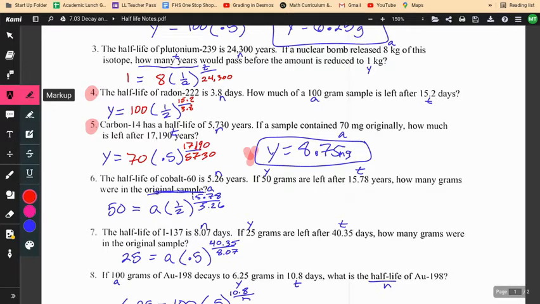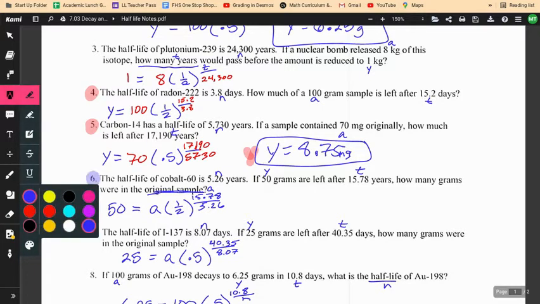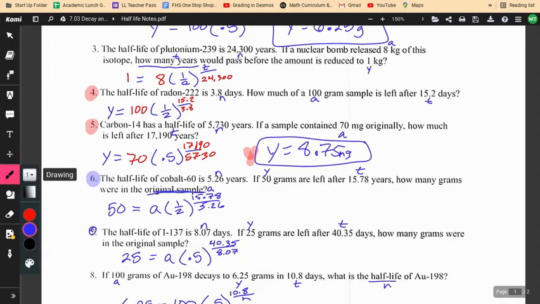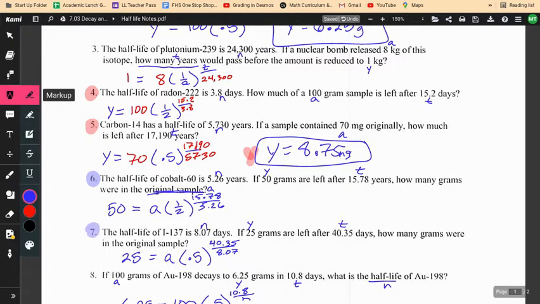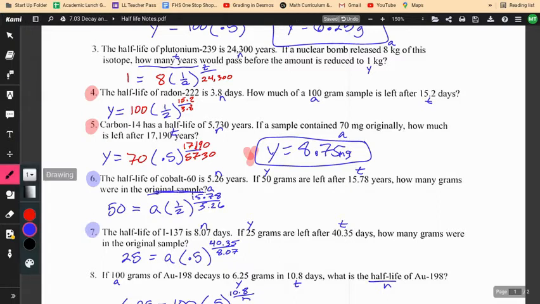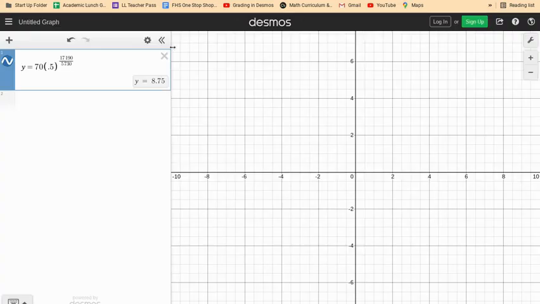The next two that are similar are numbers 6 and 7. So 6 and 7 are the exact same, because we don't know the initial amount. So what I'm going to do is create 2 separate equations. I'm going to take the left side of my equation, which is 50, and plug that into Desmos. So I do y equals 50.